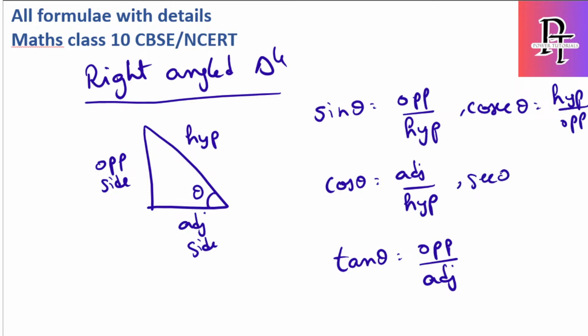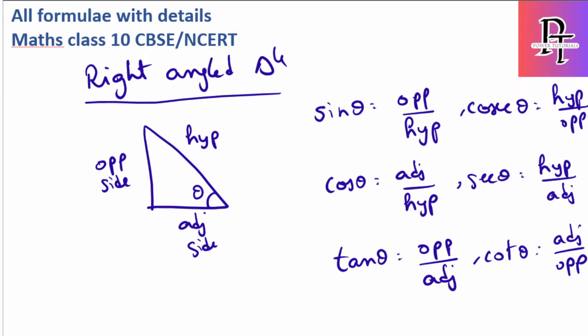Secant theta is hypotenuse by adjacent side, and cot theta is adjacent by opposite. So these 6 with respect to the triangle you have to remember, because if they provide you any one ratio, just write it in the triangle form, get the other side, and then write whatever ratio is required.